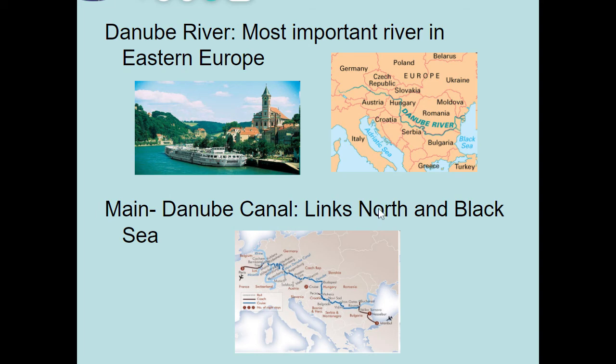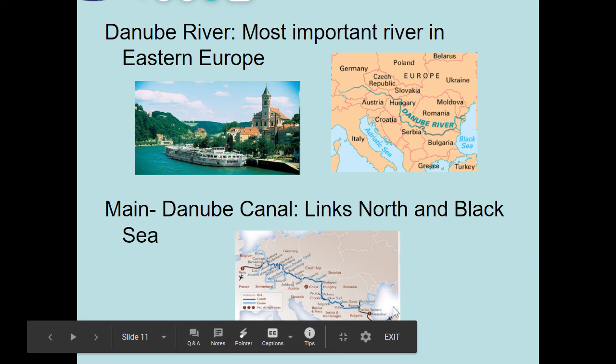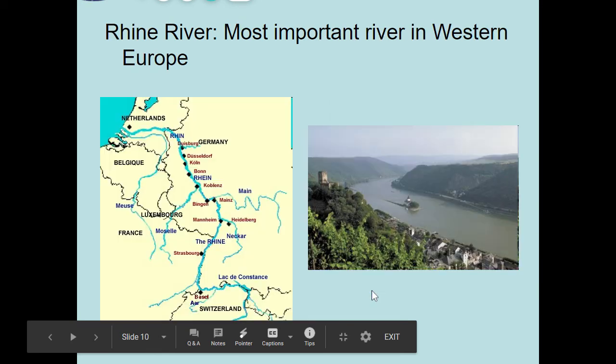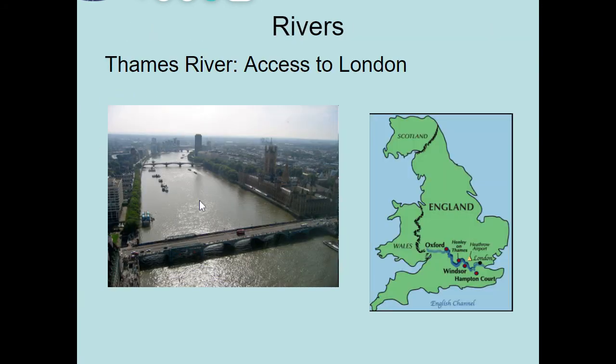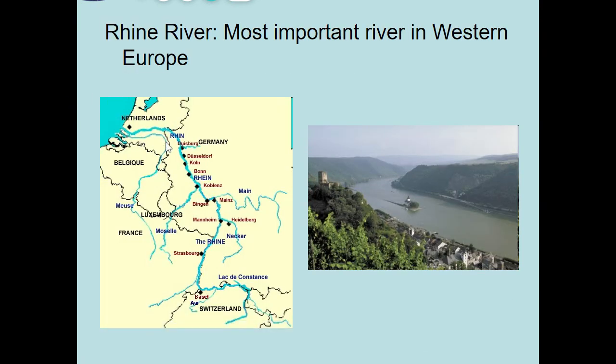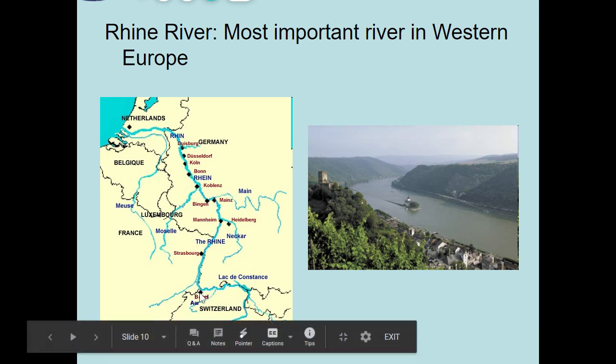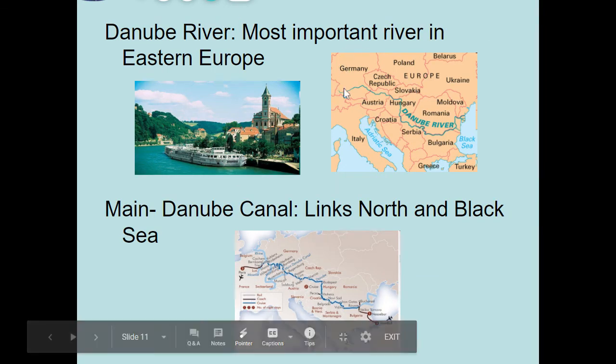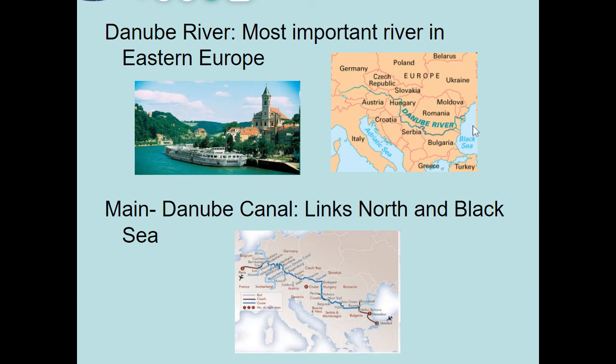This links the North Sea, which is by England, and the Black Sea, which is over here in between Europe and Asia. And so just to back up, this is the North Sea up here. The Main canal connects the Rhine, and then there's a canal that they built right here, and that connects to the Danube, and then that goes across out into the Black Sea.